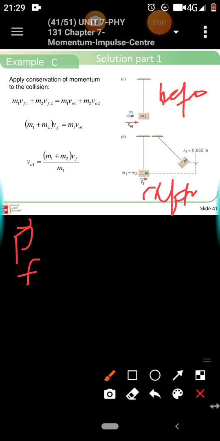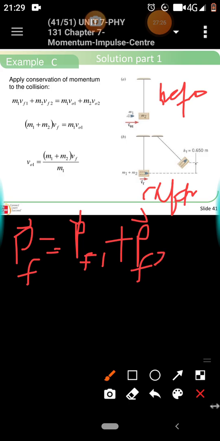Let's call it final: the final momentum due to the bullet plus the final momentum due to the wood.